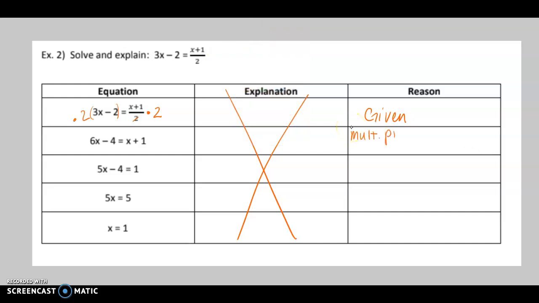Multiplication property of equality. And what happens here is that you have divided by 2 being canceled out by multiplying by 2. So this here is also the inverse property.